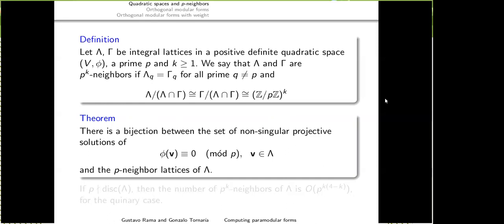For the other p^k neighbors, with k greater than 1, the p^k neighbors are related to the isotropic subspaces mod p of dimension k. So in the case of dimension 5, which is the case that we are interested in, we only have isotropic subspaces of dimension 1 or 2. So we are going to compute only those.